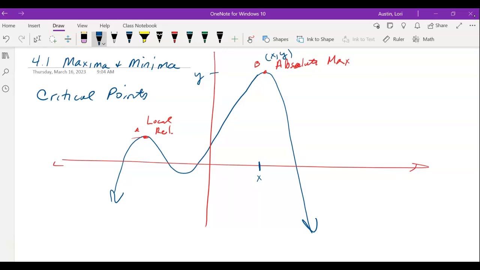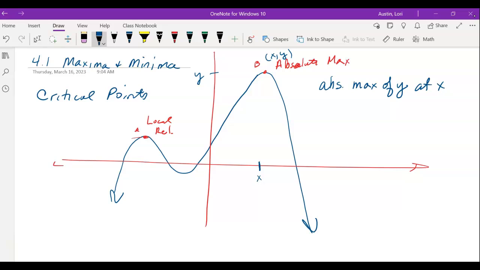You would say it has an absolute max of y, whatever y is, at x. So if y is 10, the absolute maximum value of the graph is 10. It's just the y value. But it's at x equals whatever, 3 or something like that. So just to kind of give you an idea. Same would occur with local. Okay? Same idea with local.